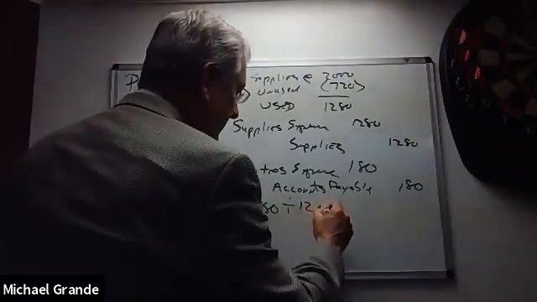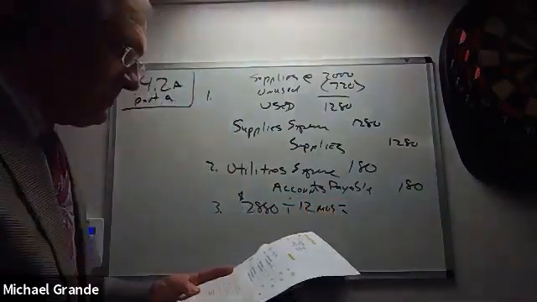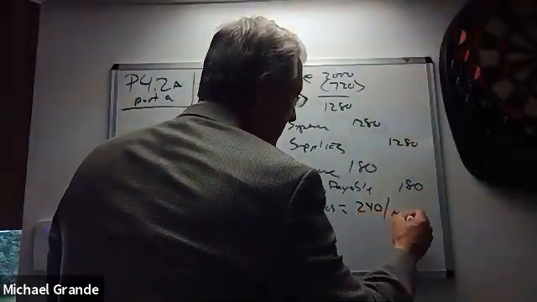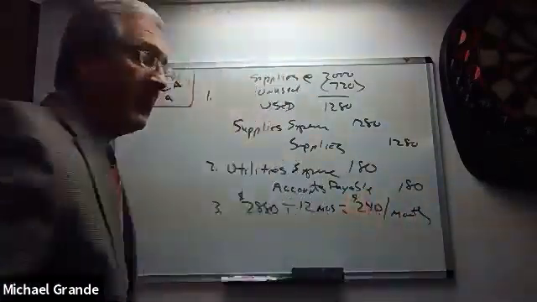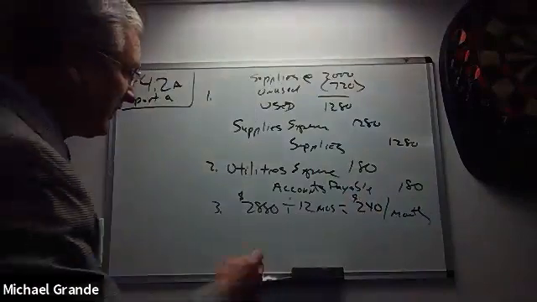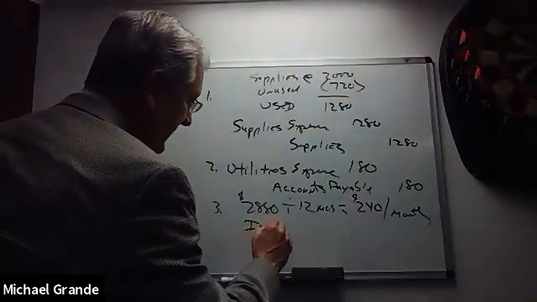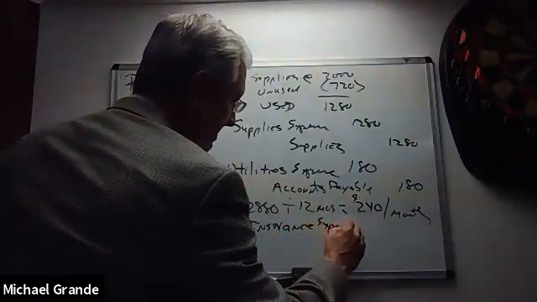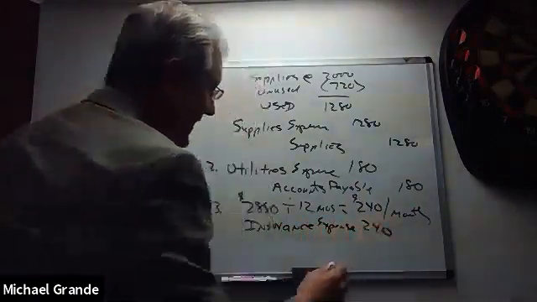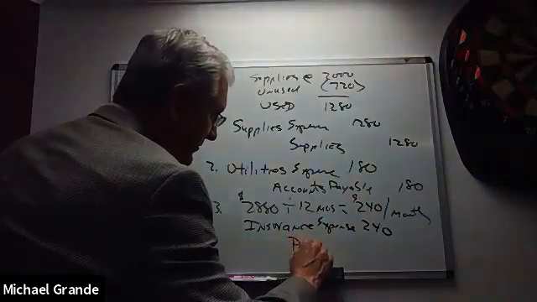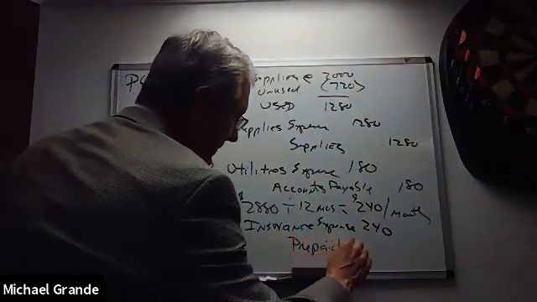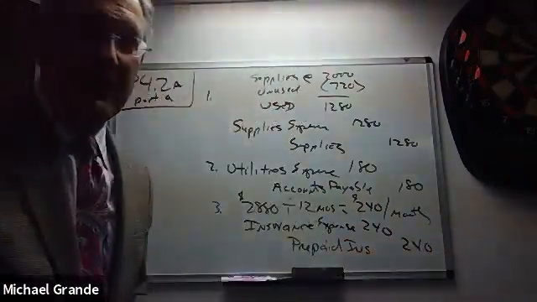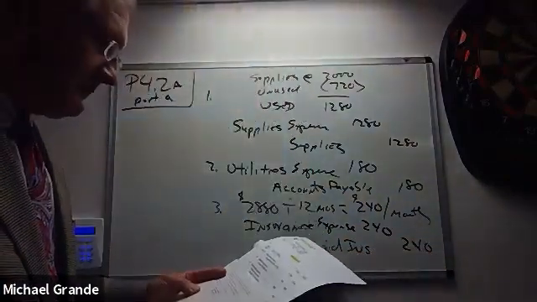So let's divide it by 12 months. The amount of expense per month, $240 per month. So we need to recognize the expense for 1 month. We're going to debit insurance expense for $240, and we're going to credit, we're going to reduce that prepaid insurance by $240 as well.